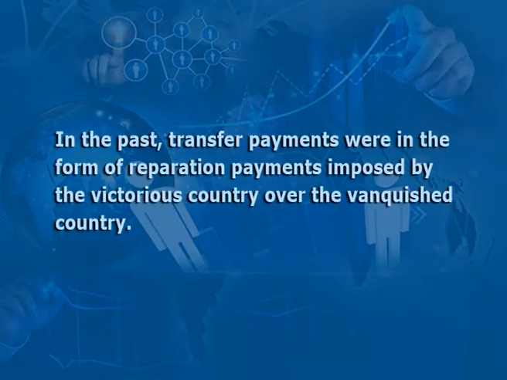In general terms, so to speak, it refers to the effect of transfer of income on the donor's terms of trade. The reversal of capital flows forces countries to go from a current account deficit to a current account surplus. In the past, transfer payments were in the form of reparation payments imposed by the victorious country over the vanquished country.